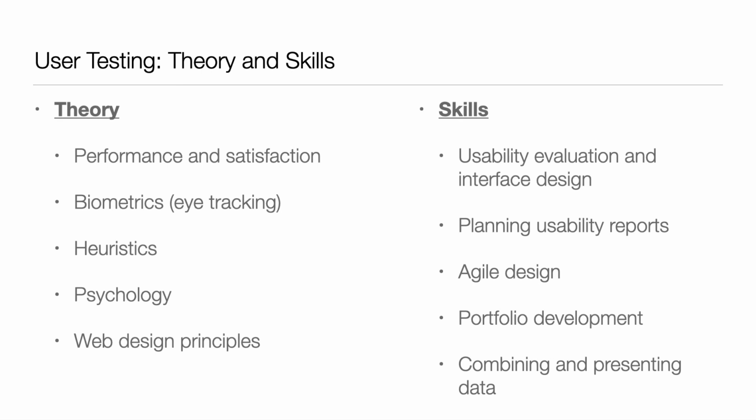And the skills we have as UX designers in usability and accessibility are evaluating our interface critically. Not just saying it's good, but really testing and trying to prove ourselves wrong. We have planning, usability reports. We have an agile design process where we're constantly changing. We are developing portfolios, and we're combining and presenting data.